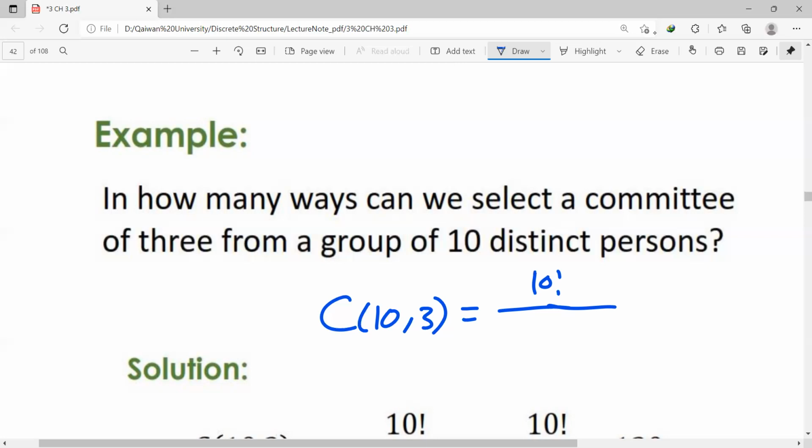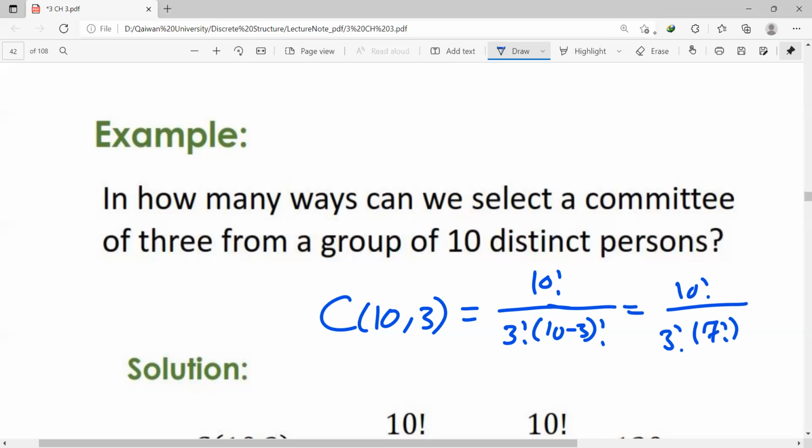So here we say C of 10 and 3 is 10 factorial, dividing by 3 factorial, multiplying by 10 minus 3 factorial, which equals 10 factorial, dividing by 3 factorial, multiplying by 7 factorial.